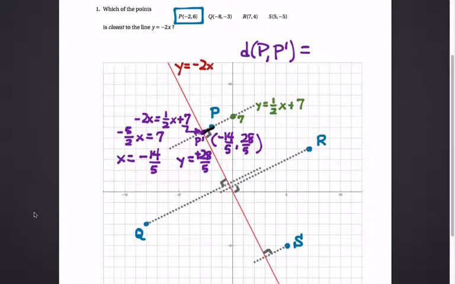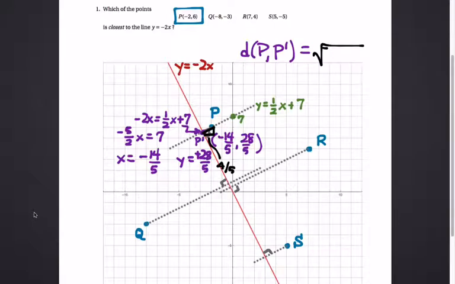Because what we would be doing is finding the hypotenuse on this little teeny right triangle here in the middle, one of whose legs is the difference in x coordinates between these 2 points, the difference between negative 14/5 and negative 2. Negative 14/5 minus negative 2, that's 4/5. So this little side is 4/5.